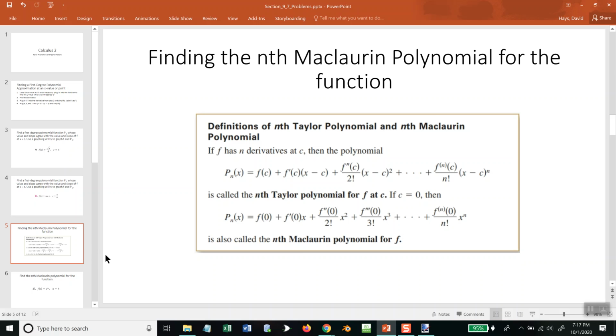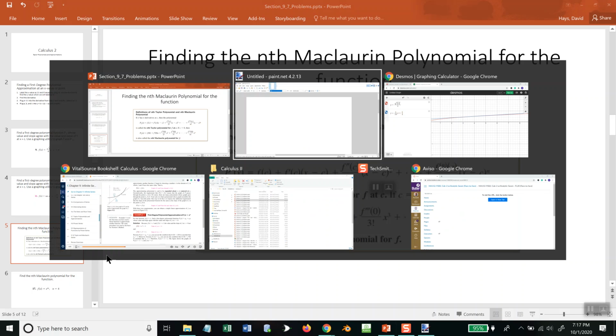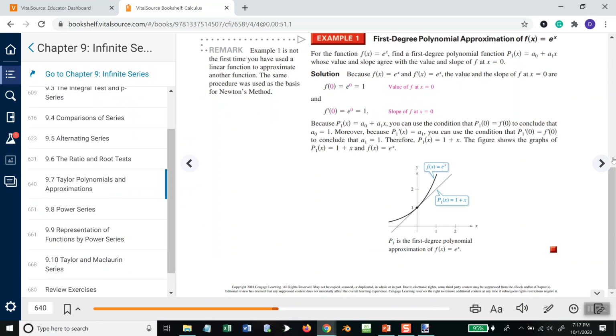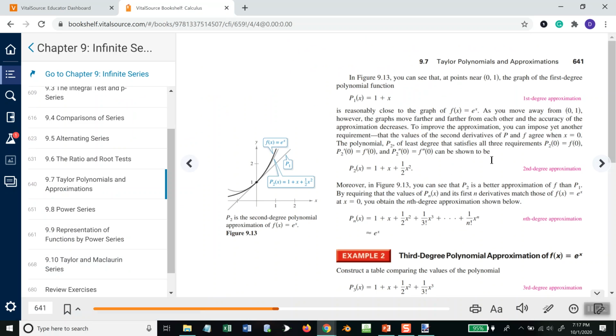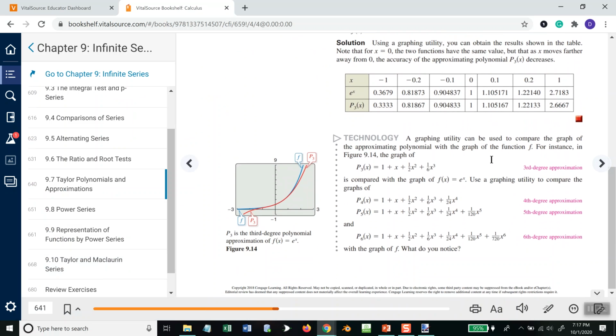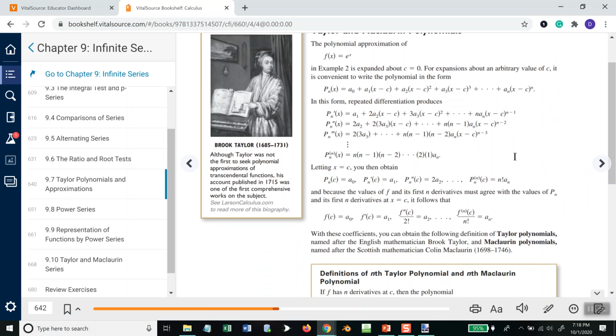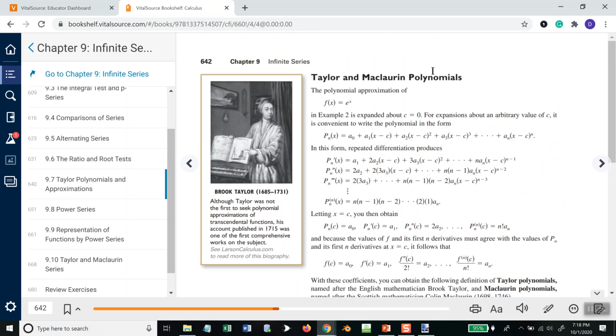Now the next part, let me come over here to talk about it. Talks about Taylor and Maclaurin polynomials. And we got the e to the x, and we can find a polynomial approximation of it.